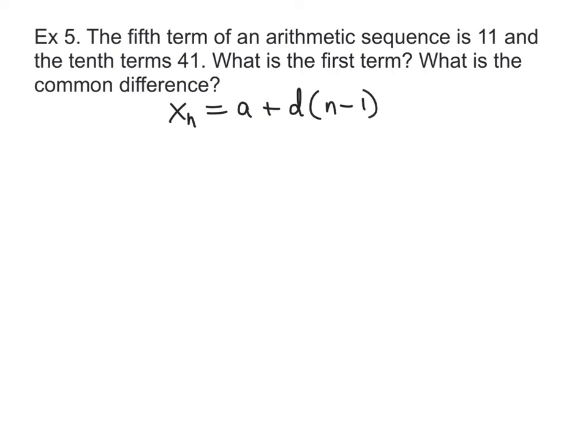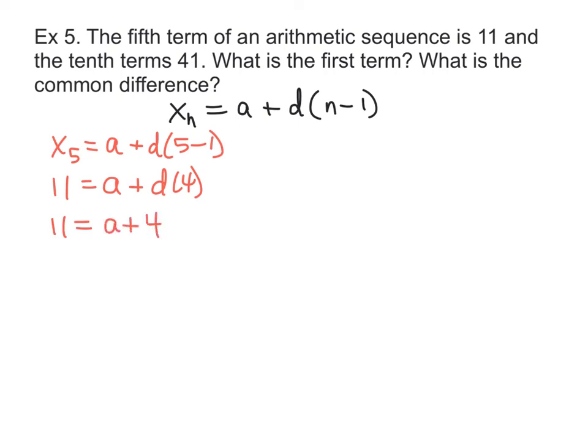I know that x sub 5, they told me what it is, but I'm going to start plugging this in. I don't know what my a is, but I do know that I have 5 minus 1. So x sub 5, which I do know is 11, is equal to a plus d times 4. So 11 is equal to a plus 4d.